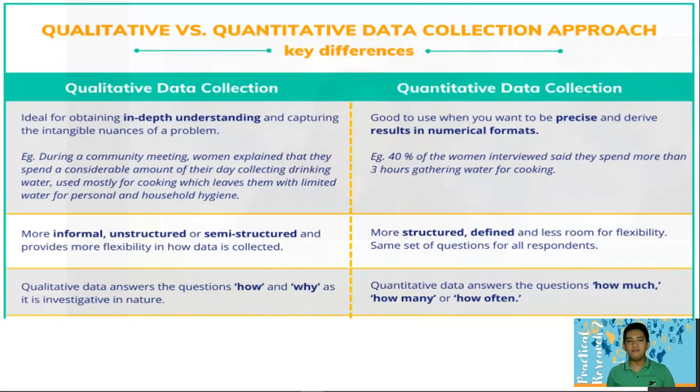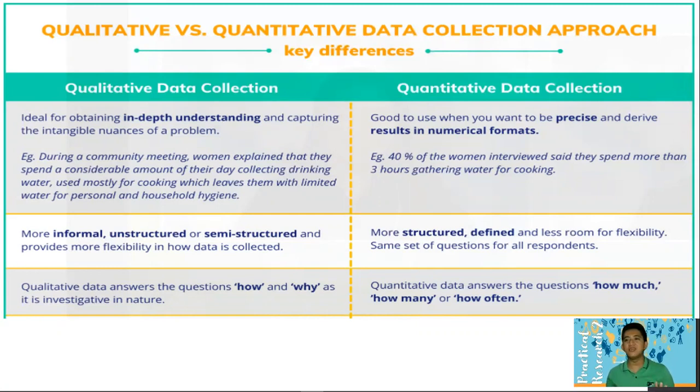While in the quantitative data, it is pinpointed: 3 hours used to gather water for cooking. Here in the qualitative data, women explain. But in the quantitative, there is a percentage of how many women were interviewed: 40%.